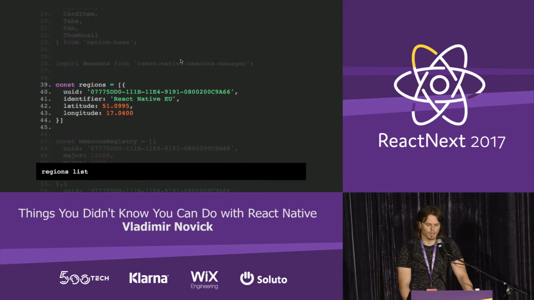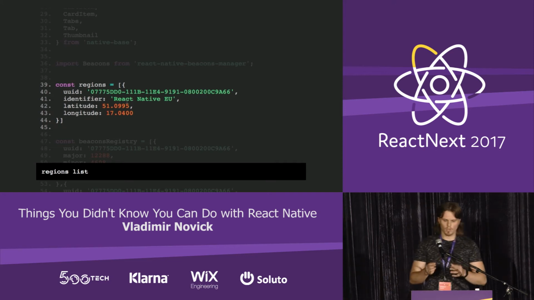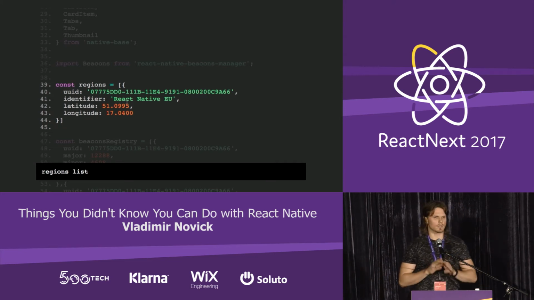Then, let's say I have a server. I don't, it's a demo app. I don't have a connection to a server here, but I have a regions array, which are my regions that I differentiated by unique ID. A beacon has 3 identifiers. It has a 16-byte unique ID called here UUID, and it has minor and major.